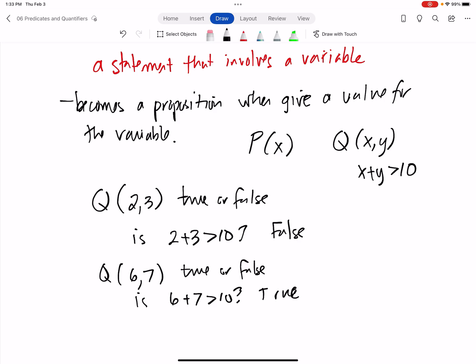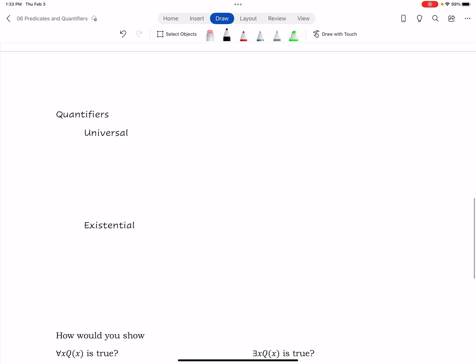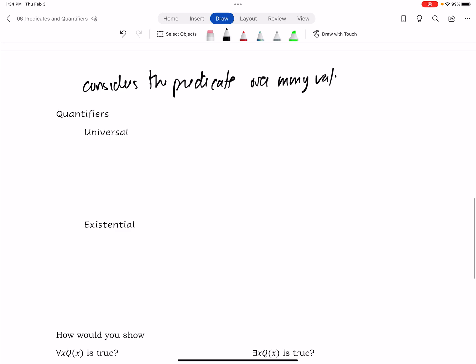Another way to make a predicate into a proposition, to give it a truth value, is to use a quantifier. A quantifier is a way of saying how many of the values of the variables we're considering. We're going to talk about two different quantifiers: the universal quantifier and the existential quantifier. This considers the predicate over many values, called its domain.